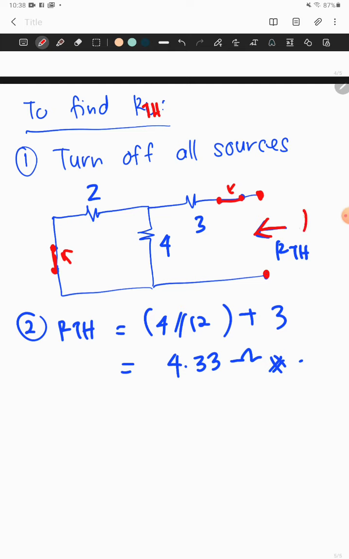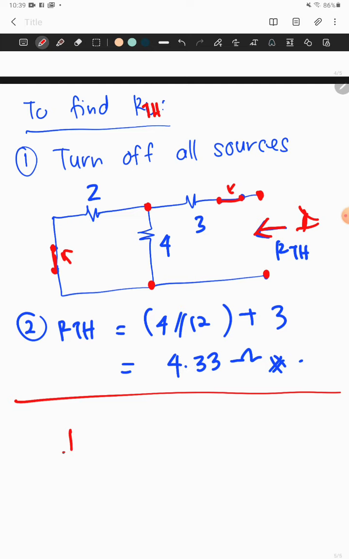If we look from here, your RTH is the 2 ohm in parallel with the 4 ohm, in series with the 3 ohm. So therefore your RTH is equal to 4.33 ohms. From the calculated values, the next step in the pre-lab is that you need to draw the equivalent circuit.